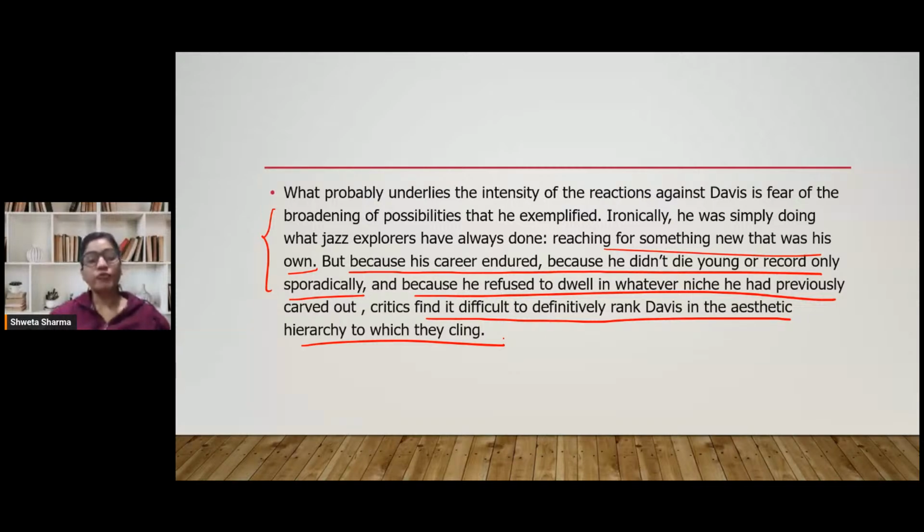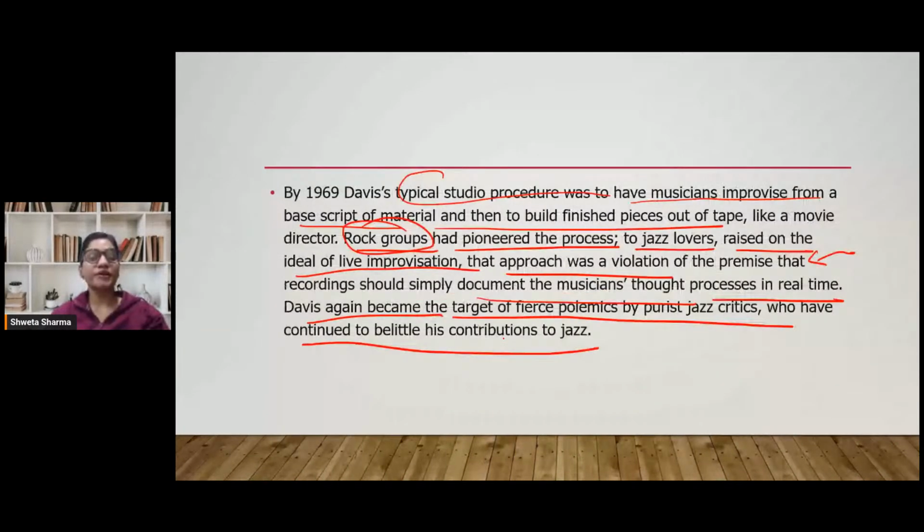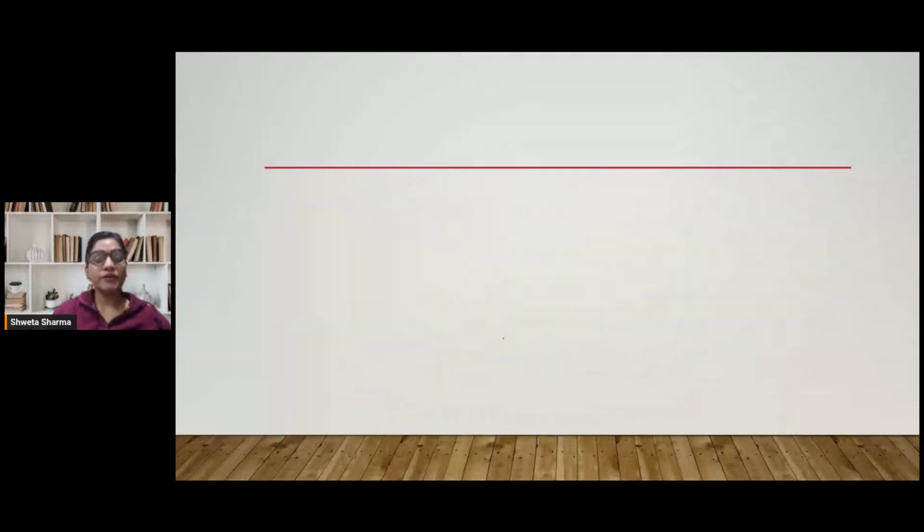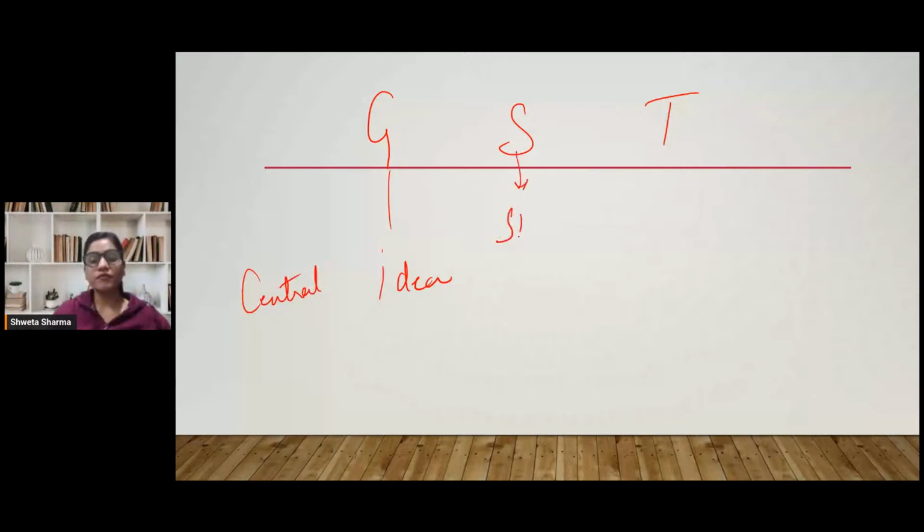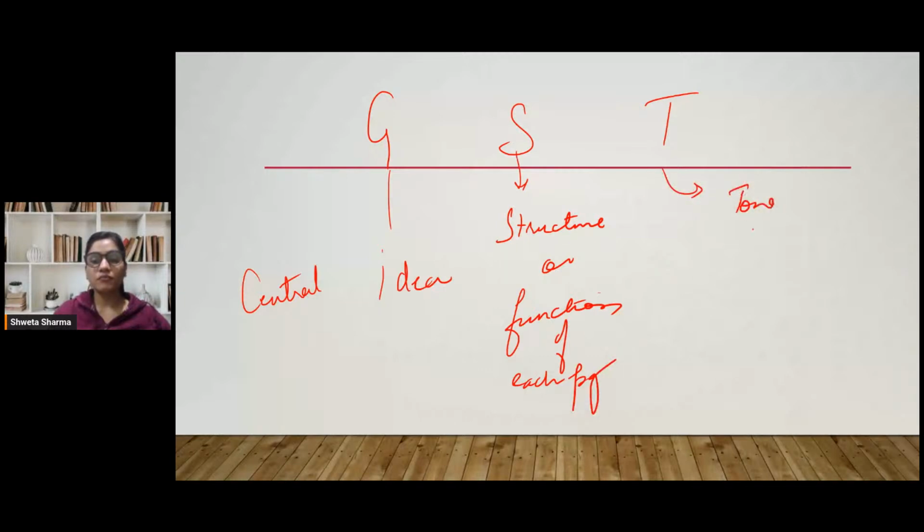Okay. Before we move ahead, I want everyone to help me out with the general idea, structure and tone. So quickly, helping you out with the GST, that is general idea, structure and tone: the idea of the passage, the central idea, structure as in the function of each paragraph, and T means tone and title. Okay, help me out with this.